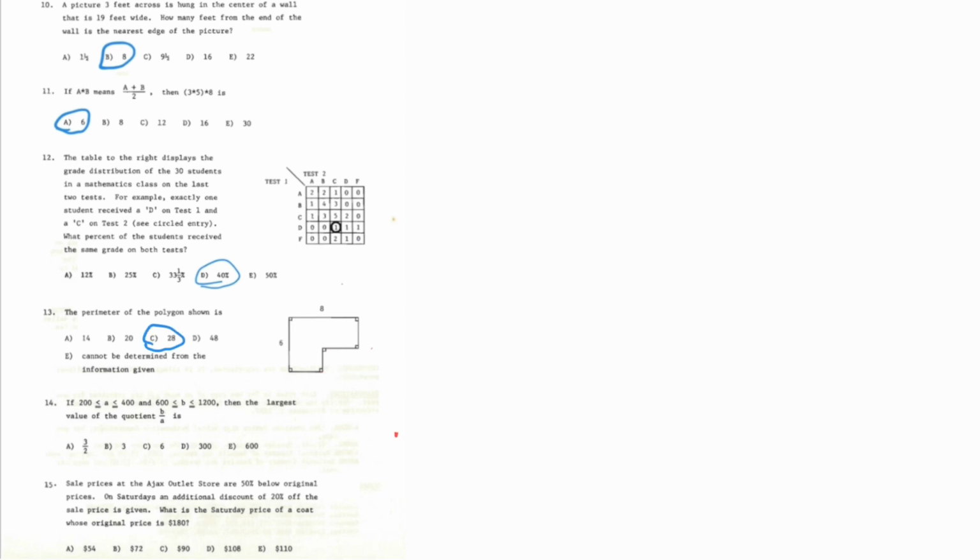Number 14. If A is greater than or equal to 200 and less than or equal to 400, and B is greater than or equal to 600 and less than or equal to 1200, then the largest value of the quotient B over A. So for the largest quotient, the largest B is 1200.